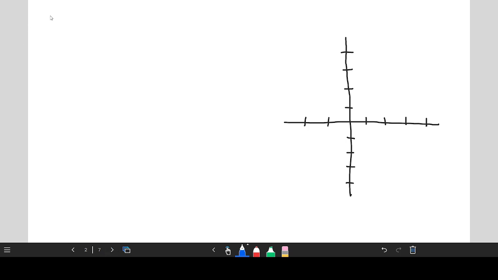So we're going to start with just a basic exponential function, y equals 2 to the x. In fact, let me use some function notation here.